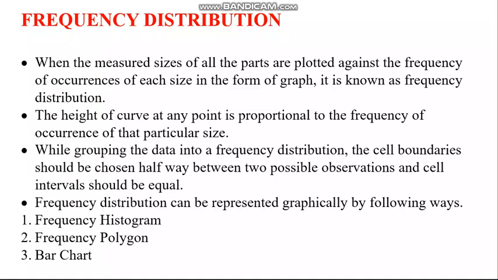Now the number of runs are the frequency, and these overs are the cells. The height of the curve at any point is proportional to the frequency of occurrence of that particular size.